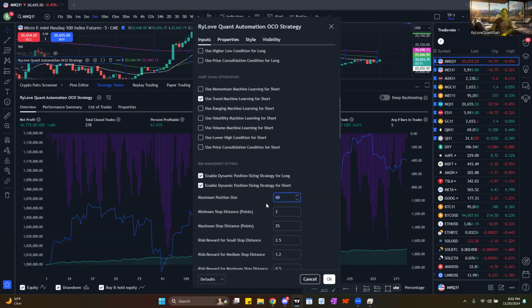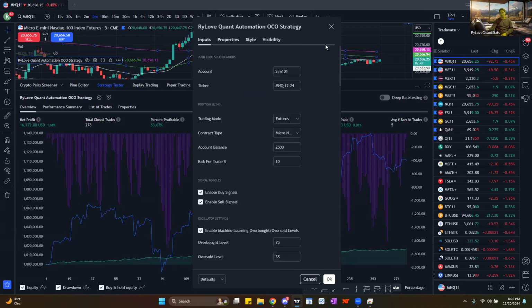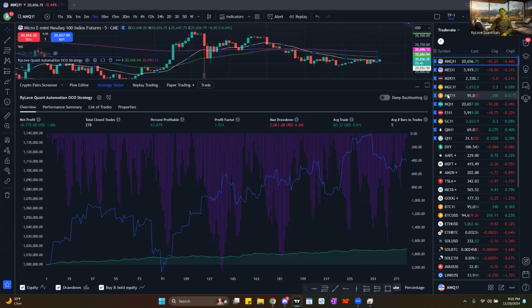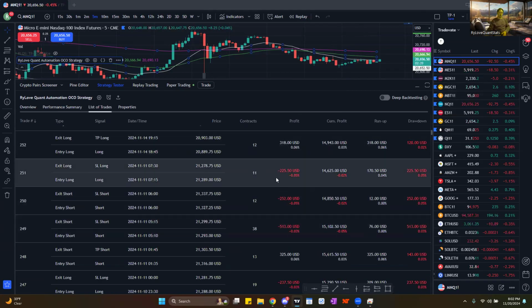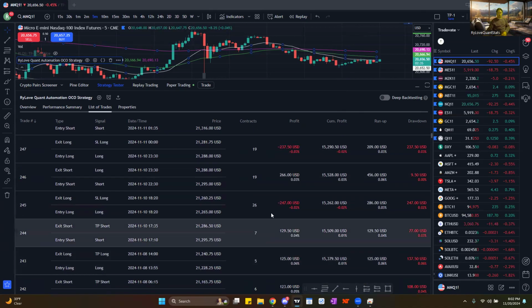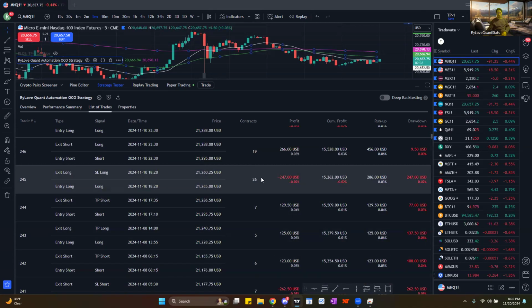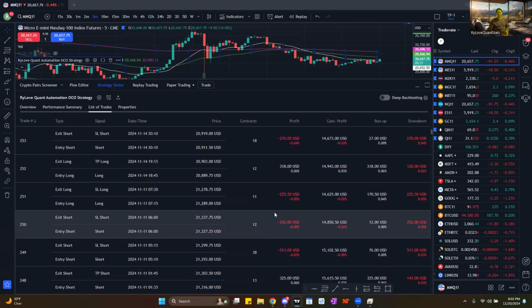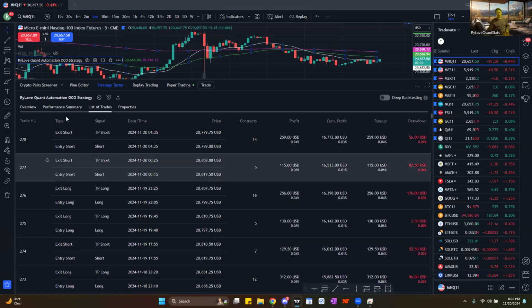I could buy 60 micros, which is absolutely insane fees, and that's what you would have to do to risk $500 in Bitcoin versus with Nasdaq here, where the majority of our trades are right around the 15 to 20 range that are getting doubled. So the fees will just cut into your profit.